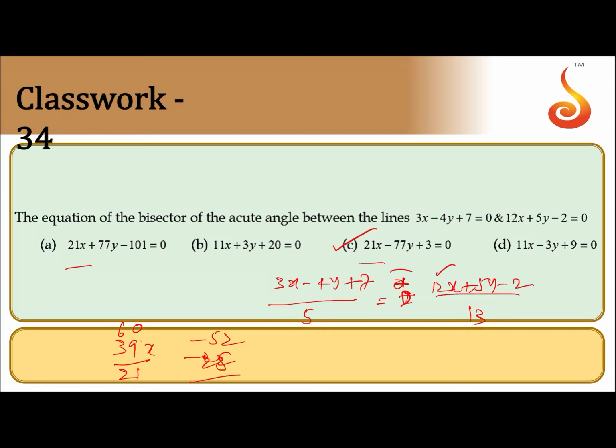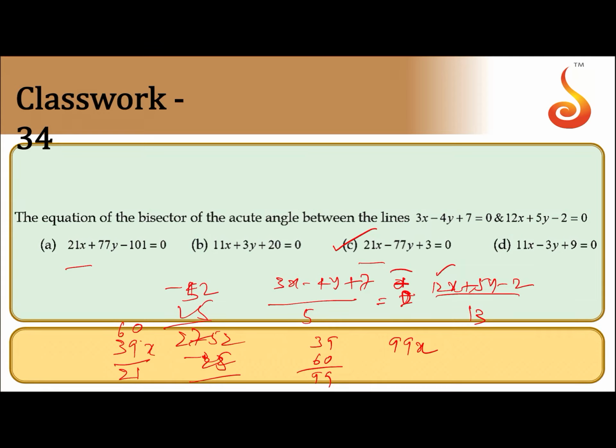If I take that up, 39, and 5 2s are 10, you will be getting 99 dividing, so therefore you will be getting 99x. The other value, 13 4s are 52, so minus 52, and 5 5s are 25, so plus 25, minus 70 plus 25. Minus will become plus.